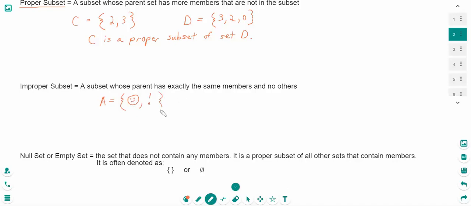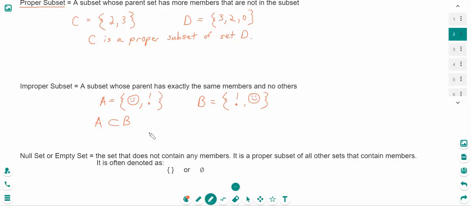There we go. That is the set A. And then the set B is going to be equal to the set exclamation point and smiley face. Okay. This would be an example of A being a subset of B, because everything that's in A is also in B. So A is a subset of B.